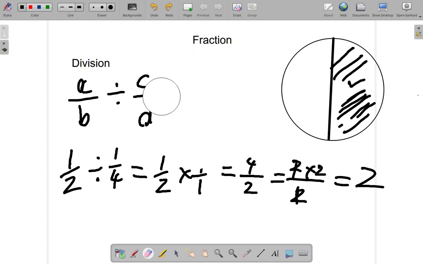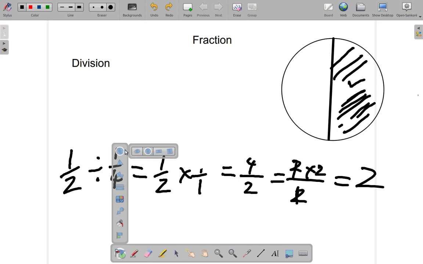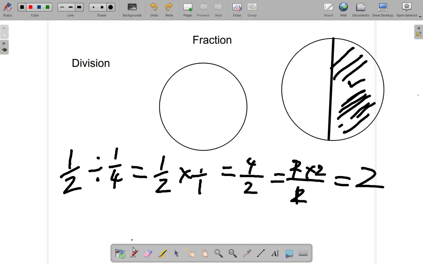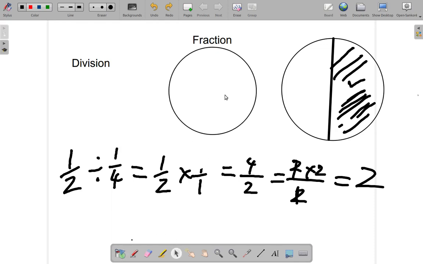Let's erase this. What you would have to do is this. Well, I wanted them to be the same size, but anyway, to make this a quarter of something, I need 4 of them.